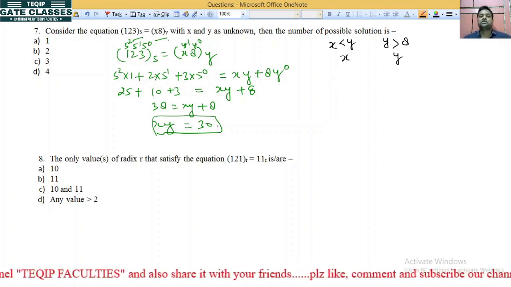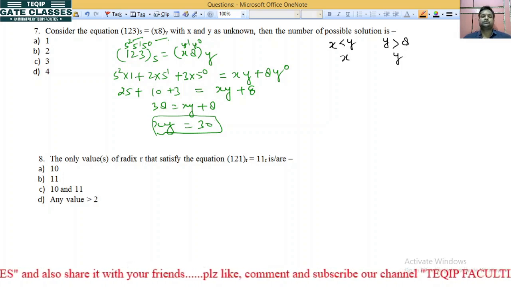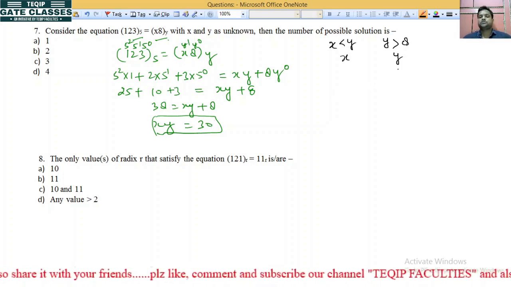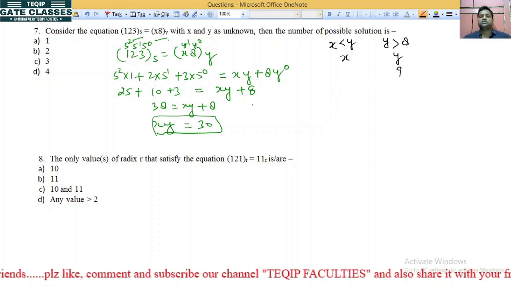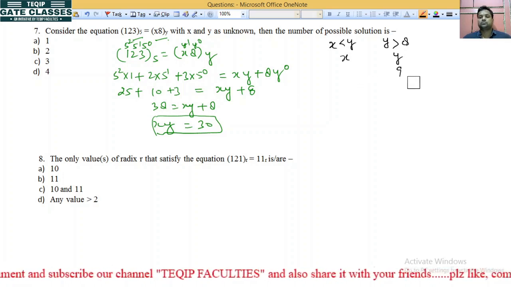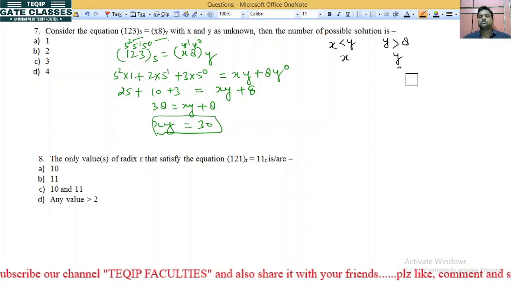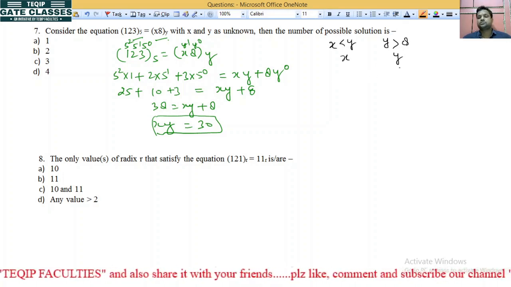Now I want x into y equal to 30. What will be the possible solution? Y is 9? Can we divide 30 by 9? No, no na. So it cannot be divided because both are integers.